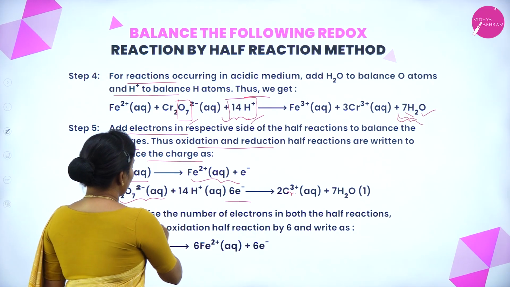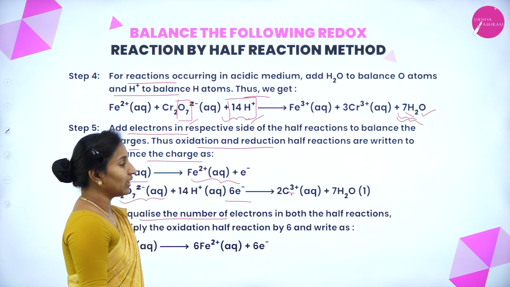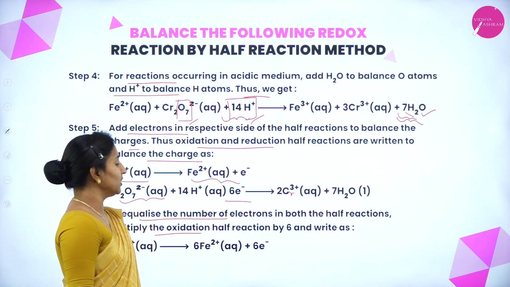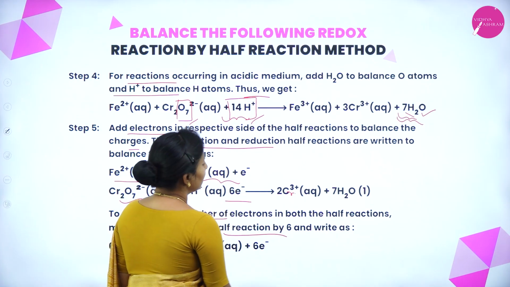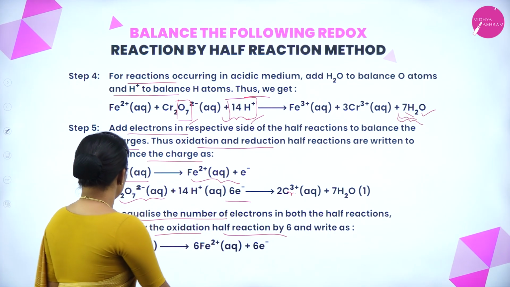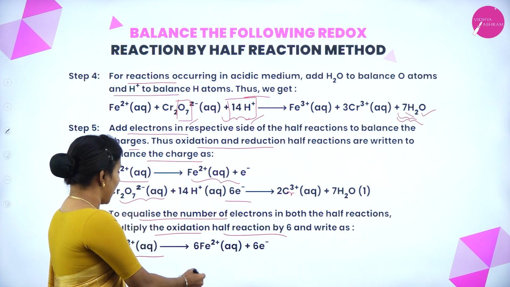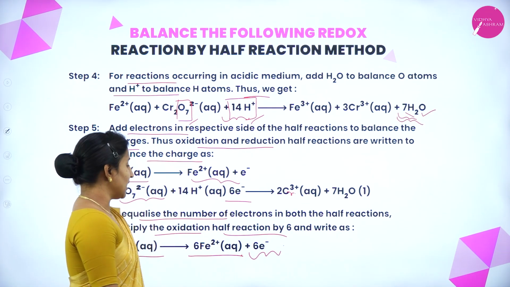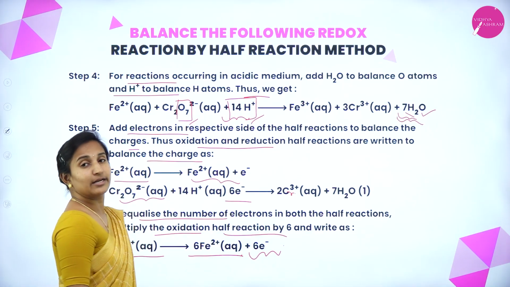To equalize the number of electrons in both half reactions, multiply the oxidation half reaction by 6, written as 6Fe2+ giving 6Fe3+ plus 6 electrons, that is removal of 6 electrons.